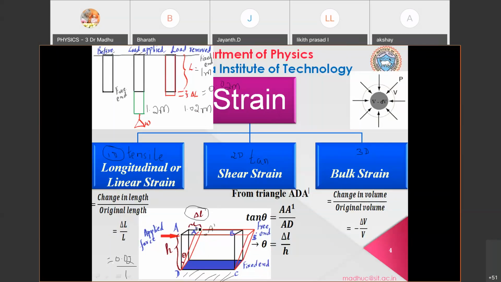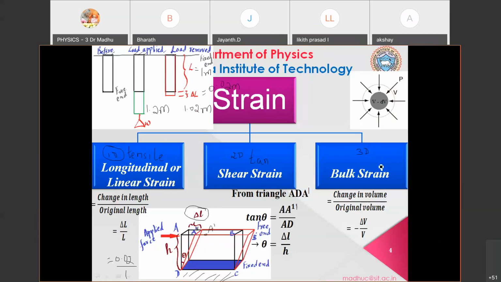So there is a small change, delta L. Then we can take the shear angle or shearing strain as theta. So theta will be A double dash by AD, and that is delta L by H. So this is your tangential or shearing strain.